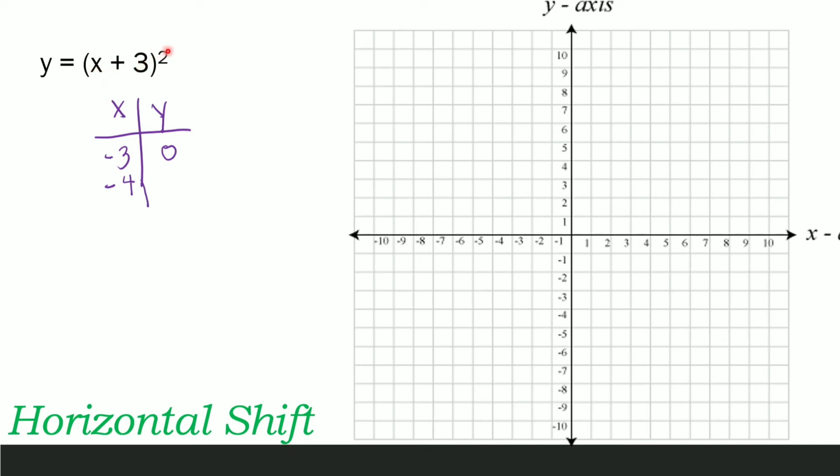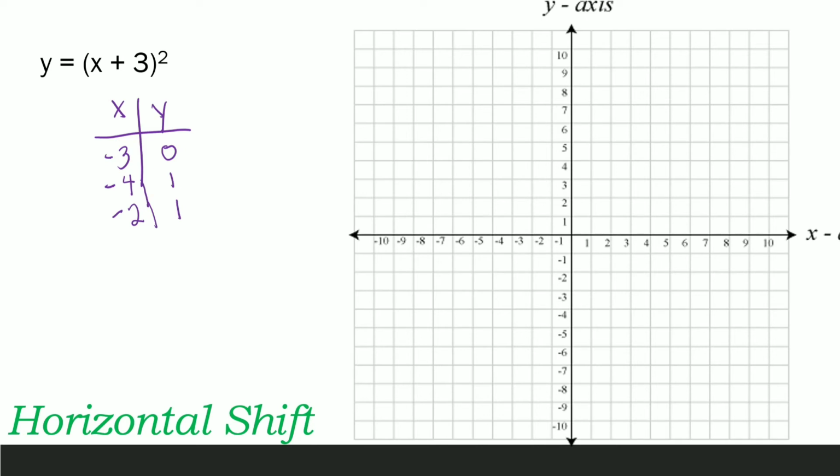Negative 1 squared is positive 1. And then, let us assign negative 2. We assign negative 2 sa x. That will be negative 2 plus 3. Positive 1. Positive 1 squared is 1. So, y is equal to 1 also.